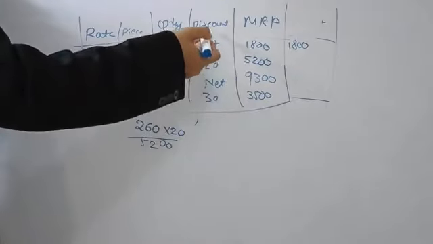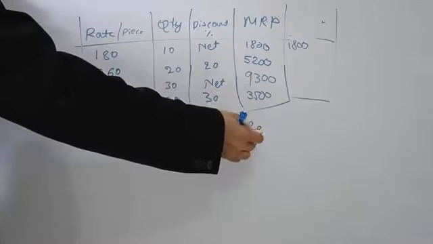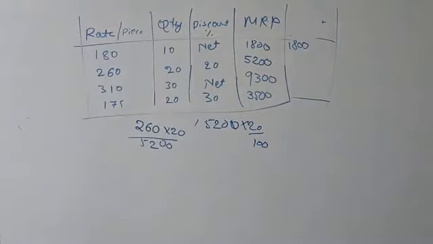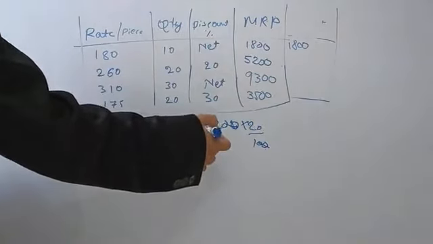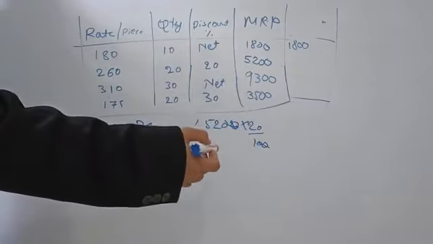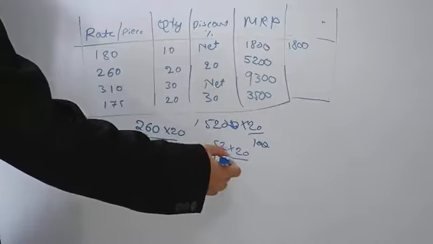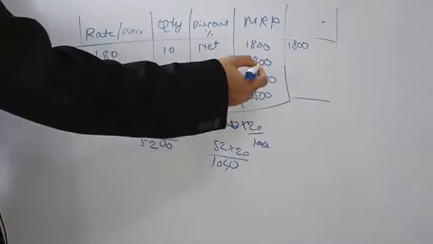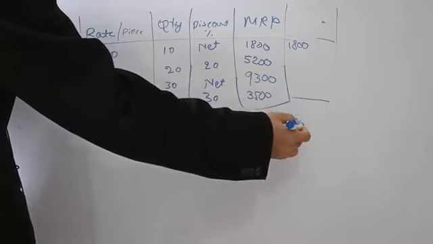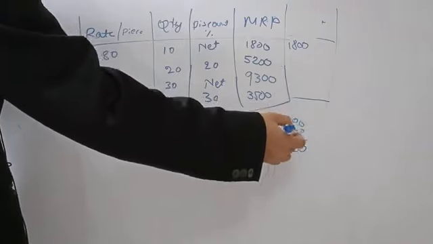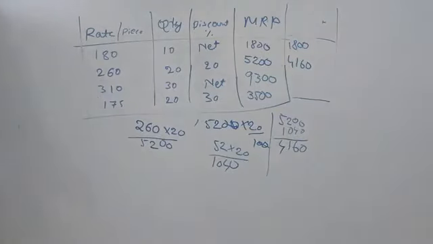Now for 5200 we calculate a 20% discount: 5200 into 20%, the zeros cancel, 52 into 20 is 1040, which we subtract. 5200 minus 1040 is 4160 after discount.